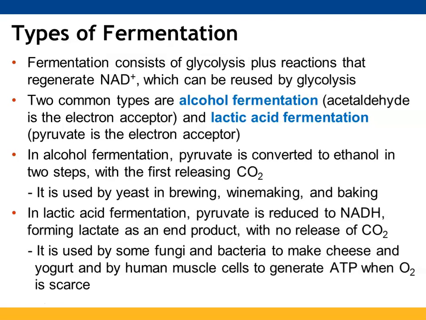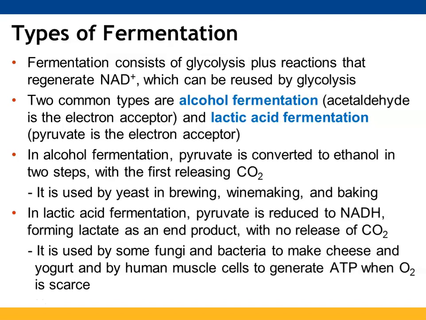So alcoholic fermentation is going to require pyruvate to be converted to ethanol. In order for that to happen, it's got to lose another one of its carbon molecules. It'll do that with CO2, and it is what is used for yeast.